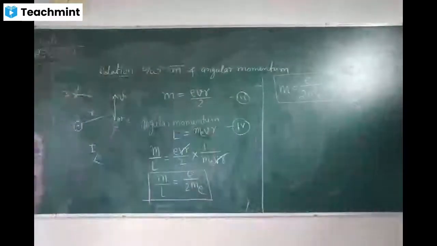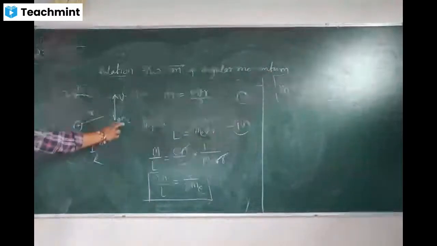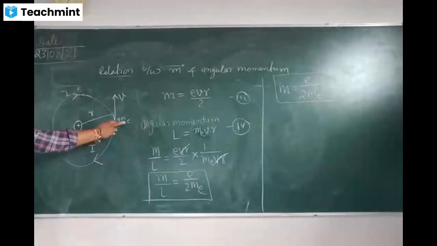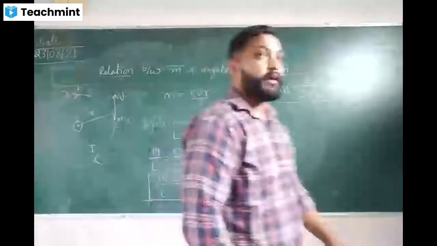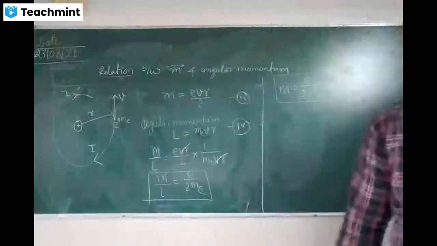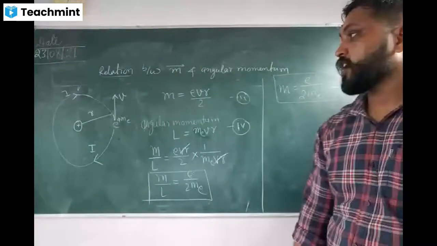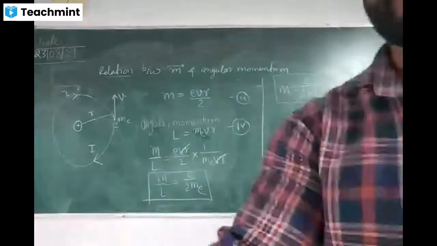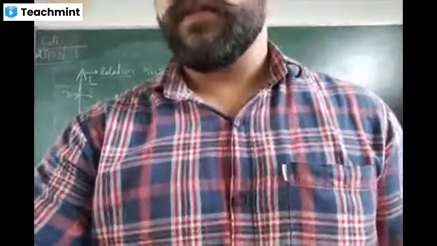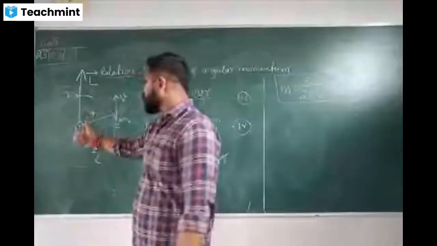Now, Prajwal, just tell me: when an object whose mass is m is moving in a circular path in this direction, what is the direction of angular momentum? Opposite to the charge. Now, as we know, we use the right hand thumb rule here.